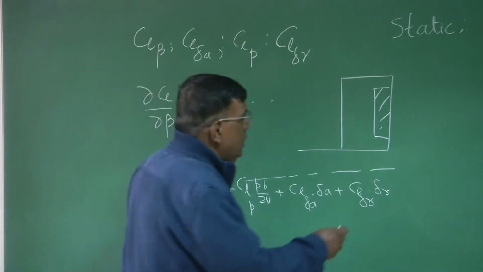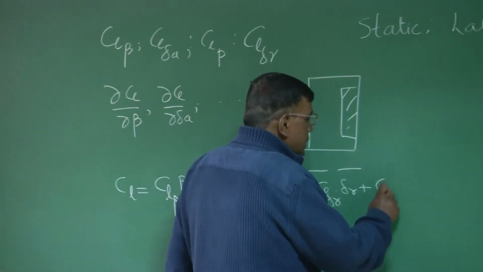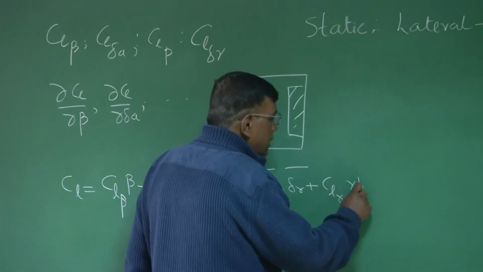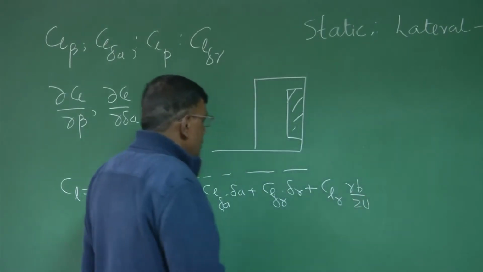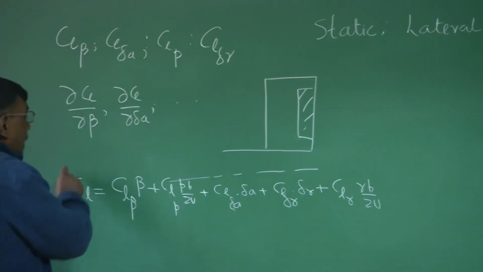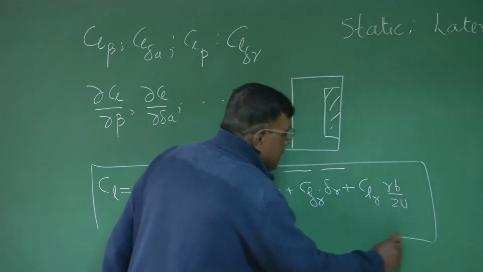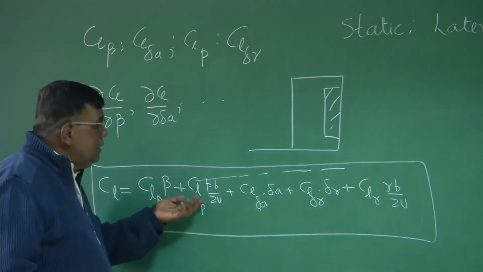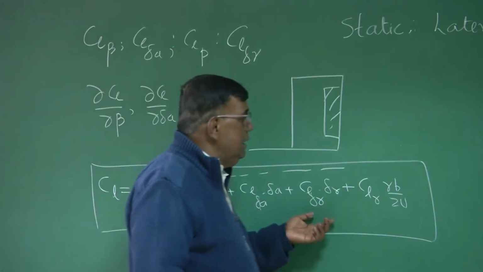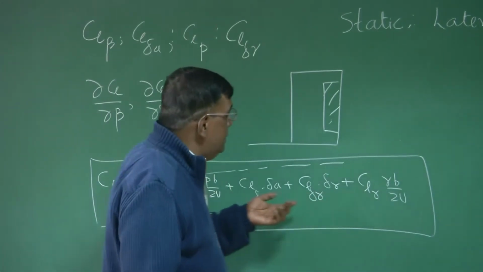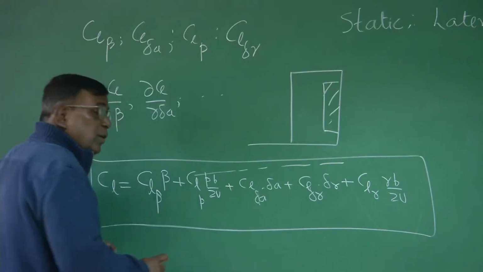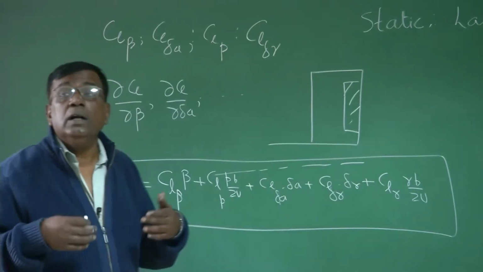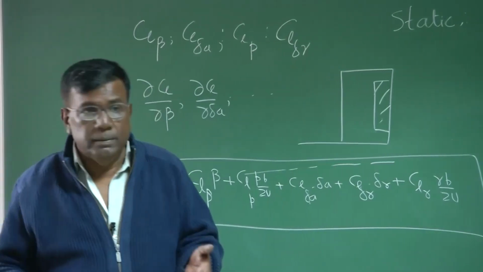So if you are considering that, then you have to write CLr into r b by 2U. So this is how I expand the CL for mathematical treatment using CL beta, CLp, CL delta A, CL delta R, and CLr. And these derivatives are called aerodynamic derivatives. They are called non-dimensional aerodynamic derivatives.